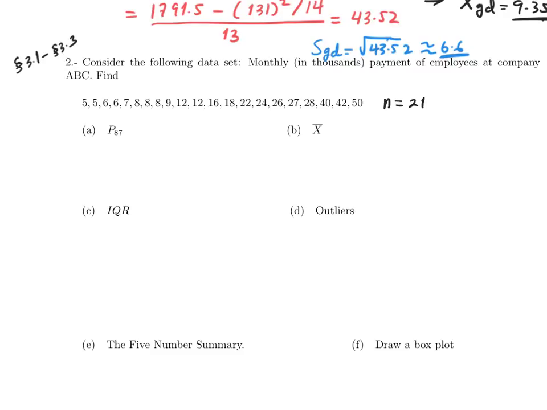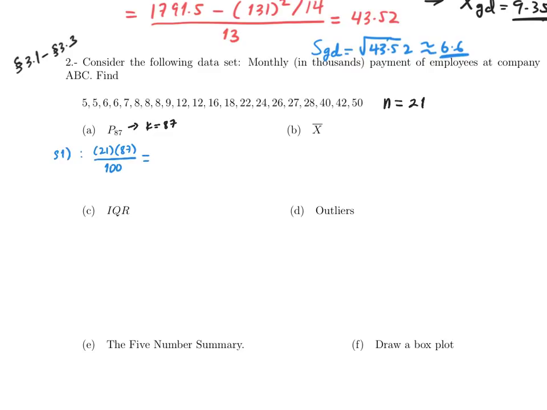For part A, it's asking you how much is P87. Remember here, that means K is equal to 87.